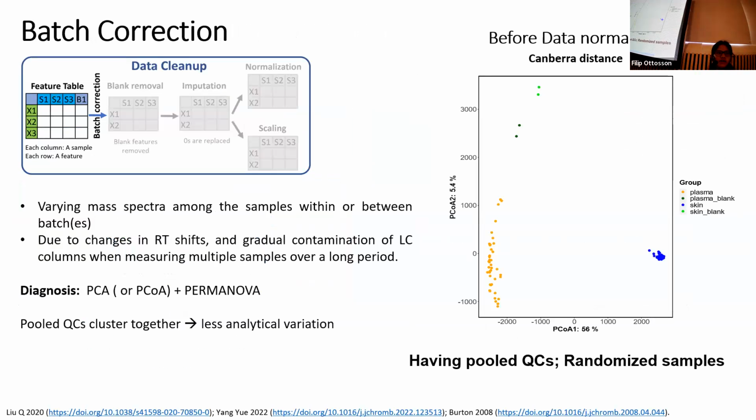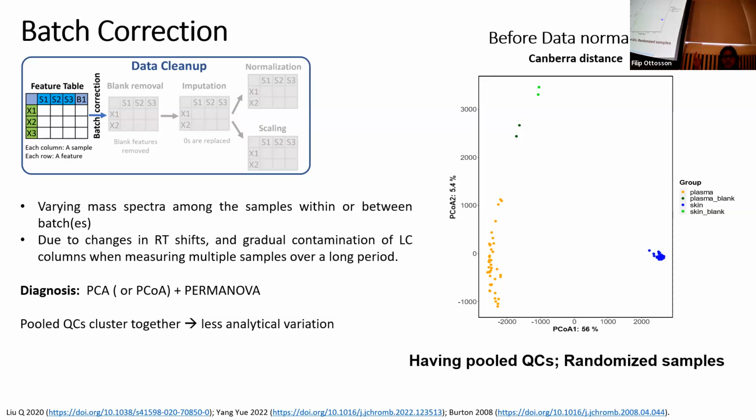So first, we have to look for, of course, batch effects. When you run your samples in multiple batches, you might encounter within-batch effects or between-batch effects, which happens if you run your samples over a long period of time. There might be some retention time shifts, and also due to instrumental issues, like gradual contamination of the LC columns, there might be peak shifts.